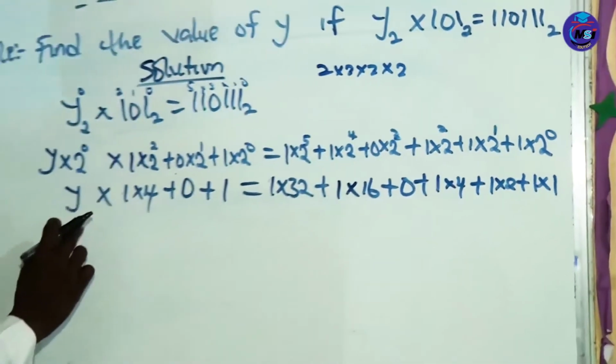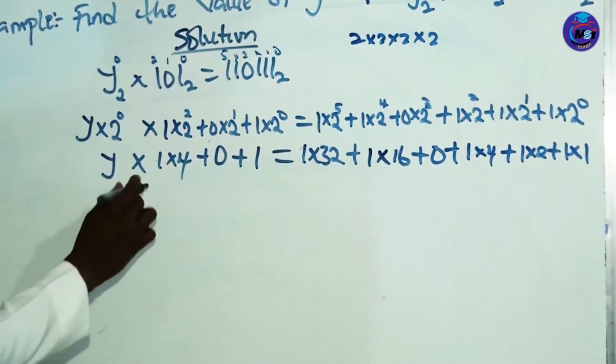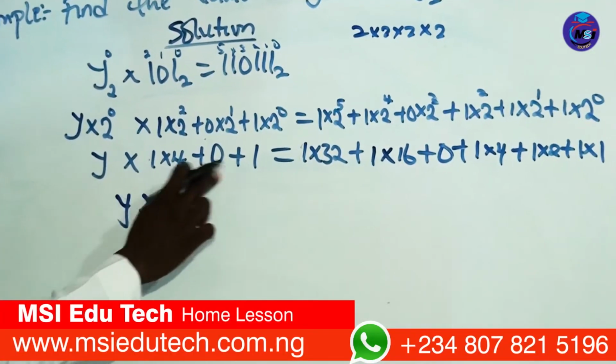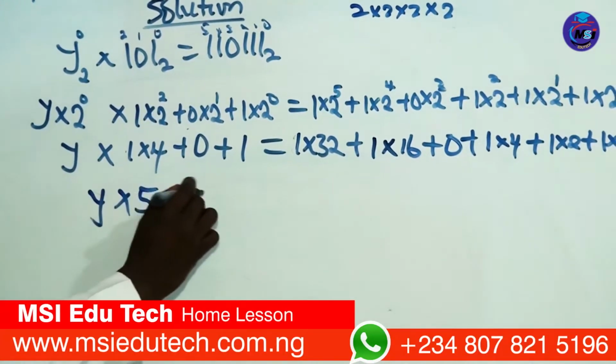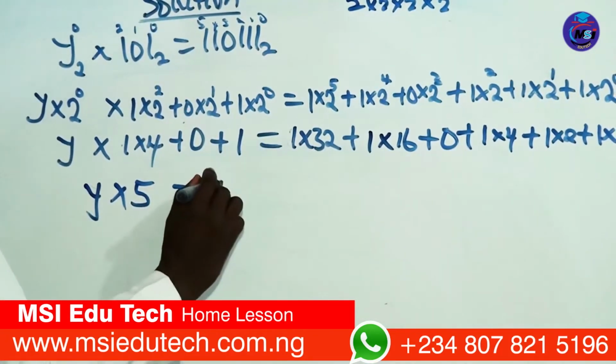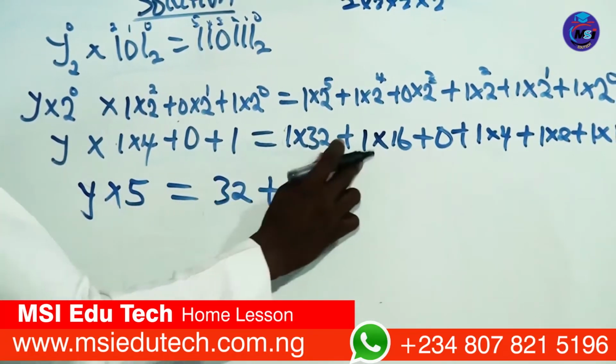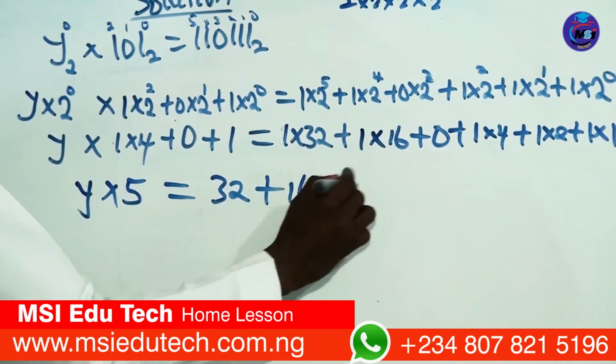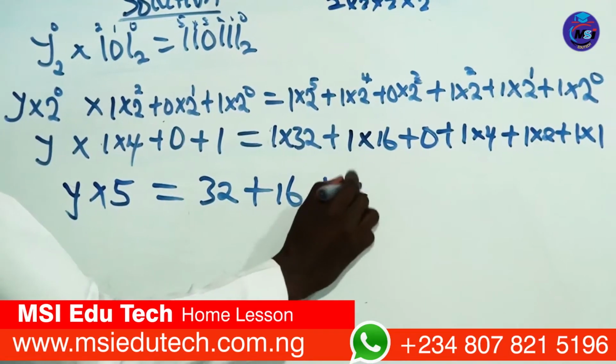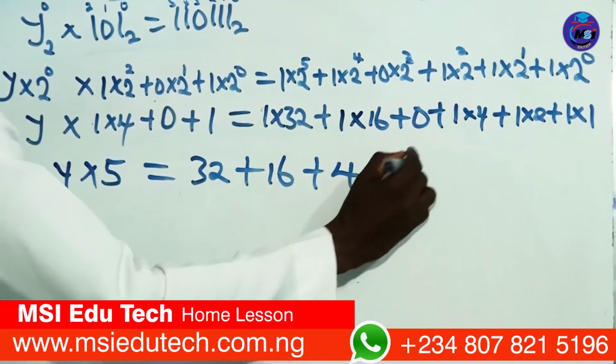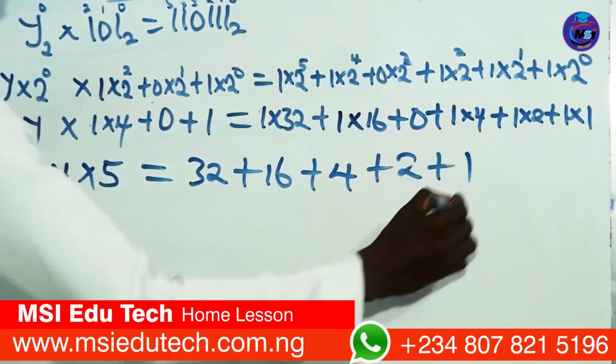Now let's add y times 4 plus 1. It gives us 5 equals to 1 times this 32. 1 times this 16 plus 4. 1 times 2, 2. 1 times 1, 1.